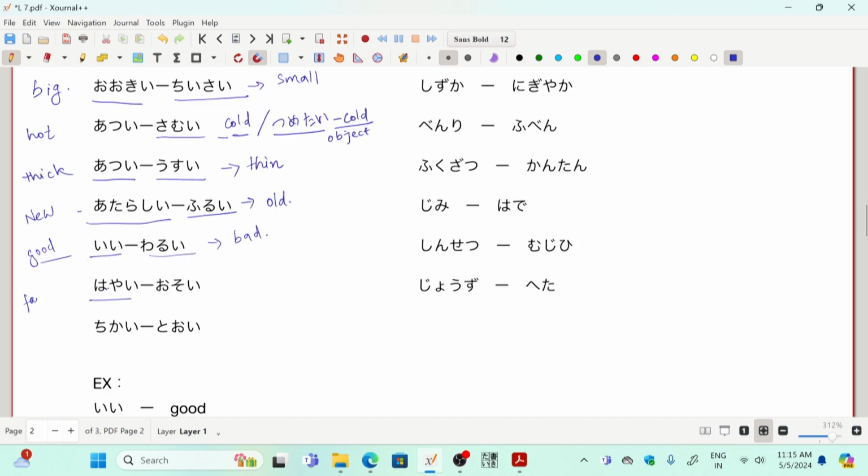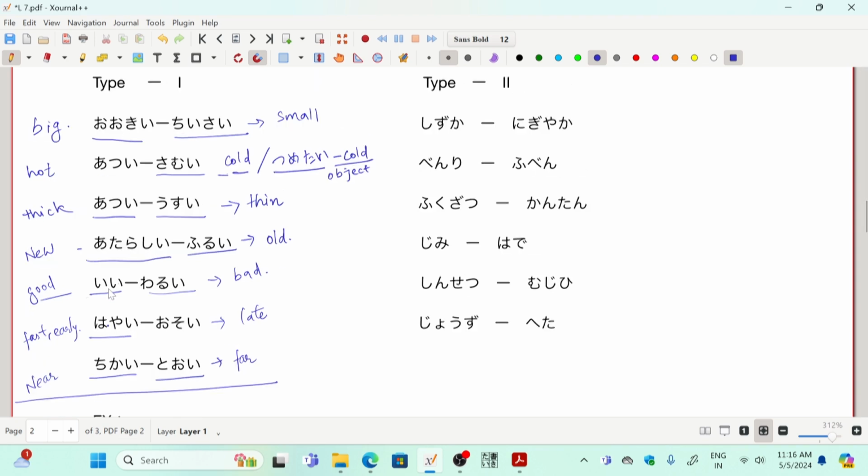Hayai is fast or early, whereas osoi is late. Next we have chikai, which is near. Then tooi, which is far. So these are the I type adjectives. There are many I type adjectives, and these are a few examples from them.